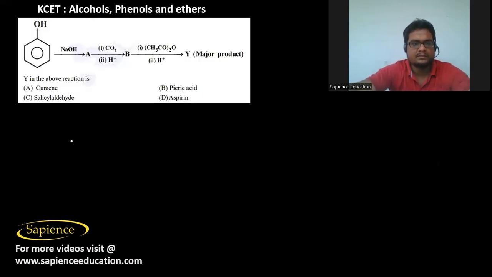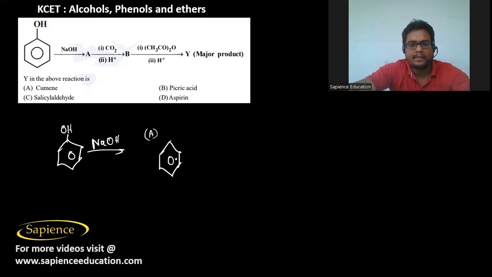Then here it is told that phenol reacts with NaOH to form the compound A. Now the compound A will be sodium phenoxide, O minus Na plus, and then it reacts with CO2 in the presence of H plus.